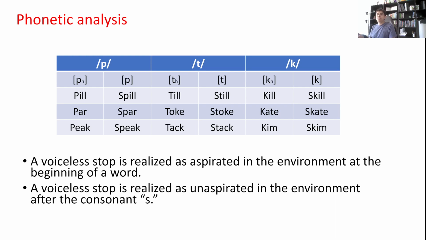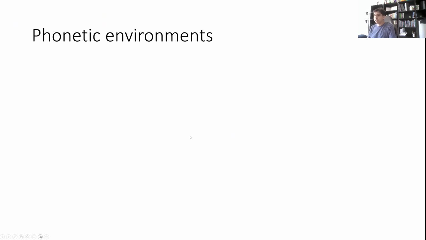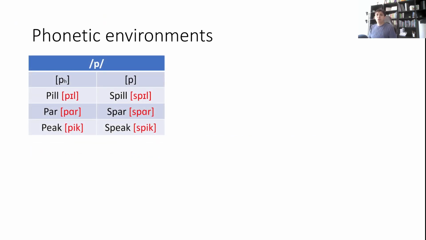So the first thing that we have to do is a phonetic analysis to describe the phonetic environment that we are given. So I'm going to be using this set of words and probably this set of words. It's basically the same, but let's start with the first set of words. Look at the different environments of P in these words.